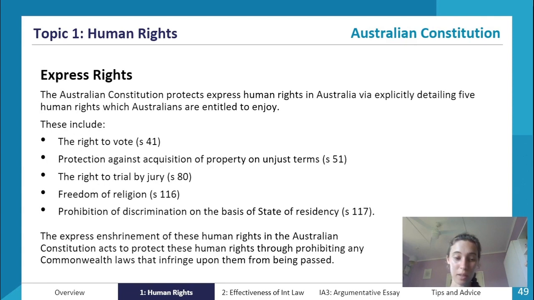So the express enshrinement of these human rights is protecting these human rights for the people of Australia, and it's also prohibiting any Commonwealth laws that go against them from being passed. So that's the idea of the Australian Constitution, and that's the idea of referendums.